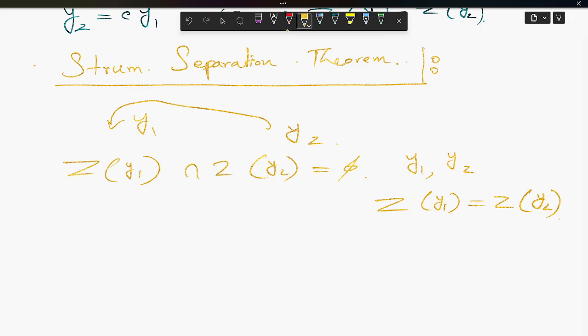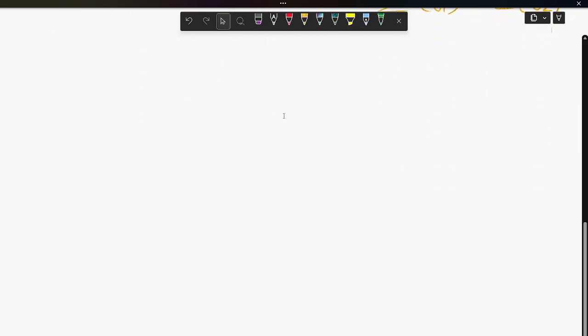Okay. So now we are going to prove the statement. So case 1 will be what? Then we will get y1 and y2 are linearly dependent.